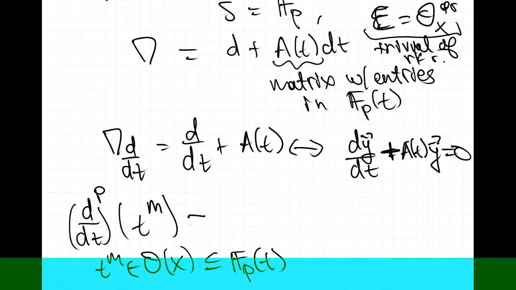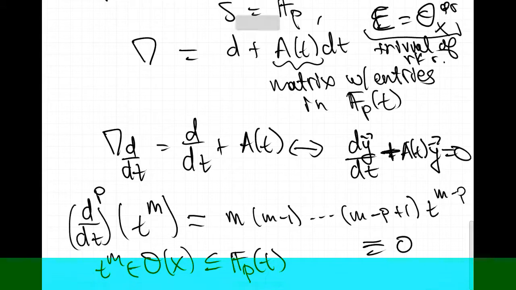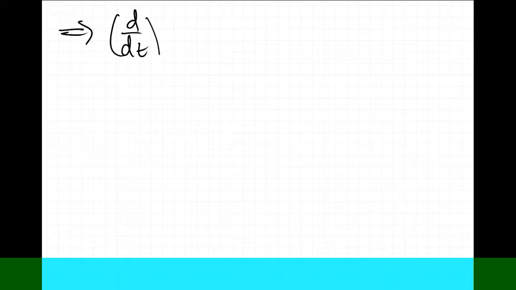So this thing looks like m minus 1 all the way up to m minus p plus 1, and then we have t to the m minus p. And so this is going to be equal to 0. Okay? And since it's 0, this tells us that d dt to the p restricted to f p of t is equal to 0, right?